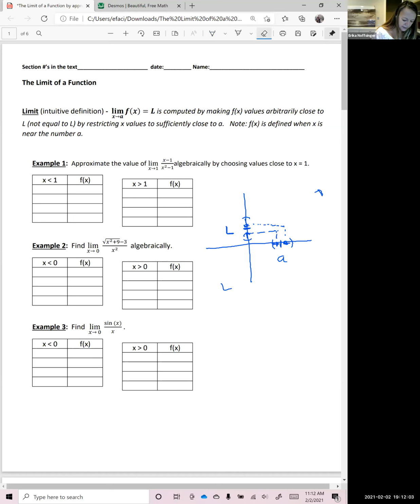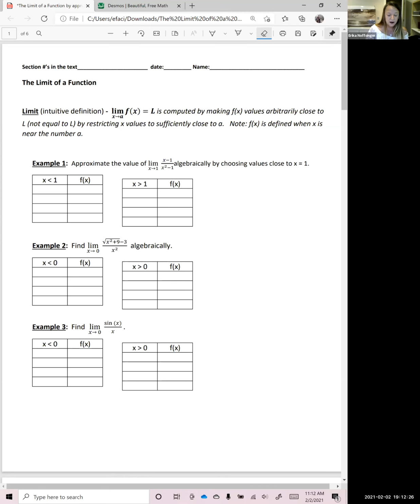So now let's look at this algebraically. Let's look at one example, and we want to find the limit as x is approaching 1 of f of x, which is the function x minus 1 all over x squared minus 1. And we want to see what's happening when x is equal to 1.